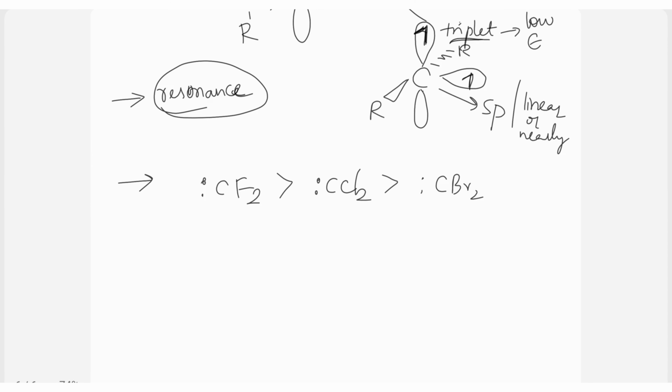We are looking at this order only in the singlets with different halogens. So fluorine gives more stability compared to chlorine, compared to bromine. The most common reason that we can give is electronegativity. Fluorine being more electronegative, it's more stable compared to chlorine and bromine. So this is the information about carbene.